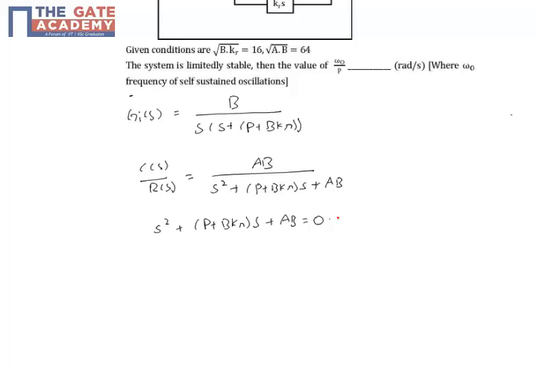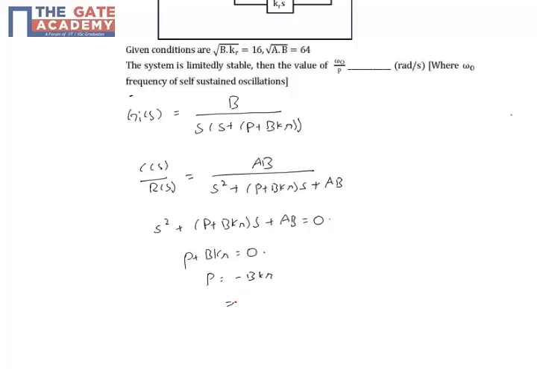So the condition for the system to be marginally stable is when the coefficient of s is equal to 0, that is when we will have sustained oscillation. So for the system to have sustained oscillation, p plus b into Kr should be equal to 0. So p is equal to minus b Kr.